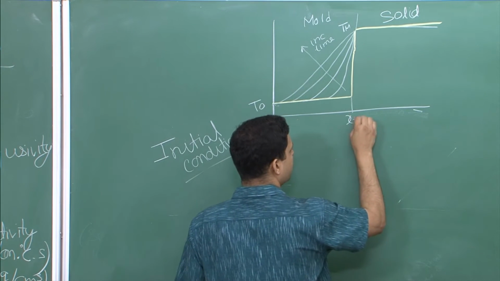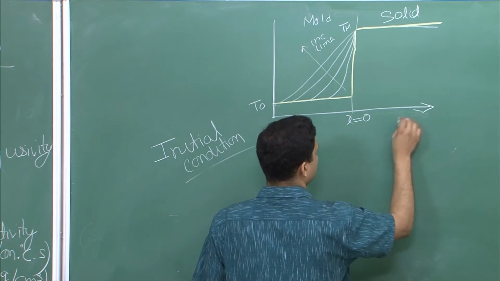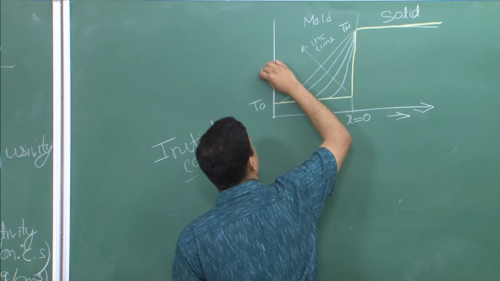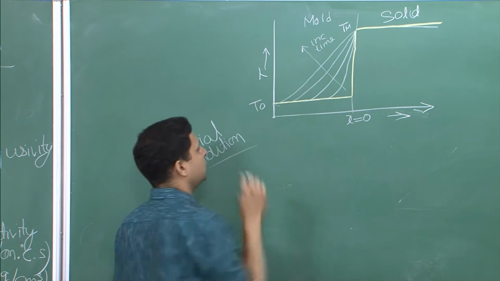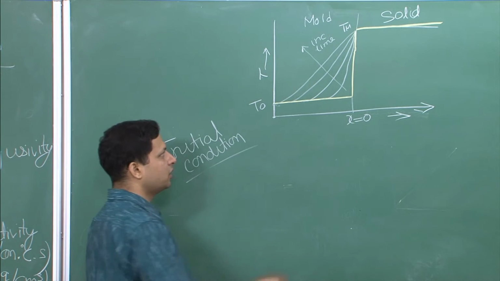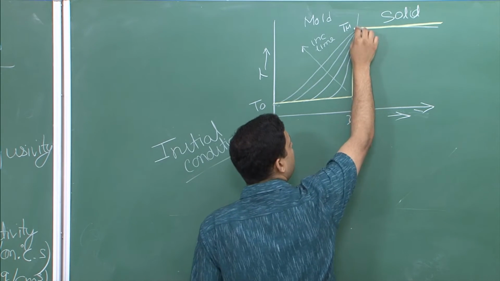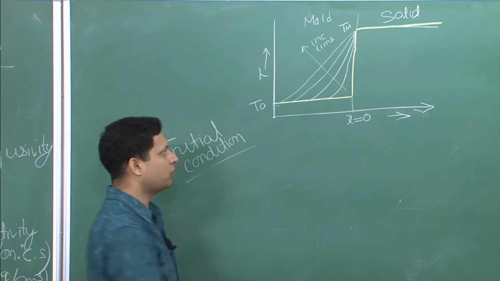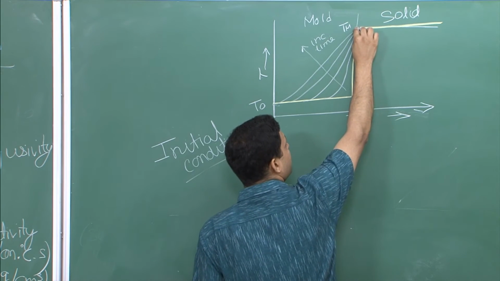If we take this as x equal to 0, and this is the temperature, then what it is saying is that at x equal to 0, T is equal to Tm. So we are assuming that the x equal to 0 point lies in the solid.